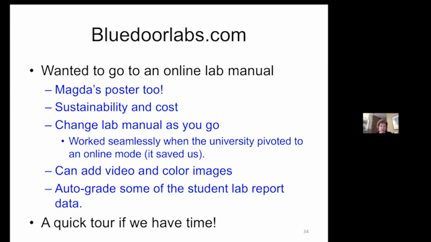Going to an online laboratory manual lets you change the lab manual as you go. And when we had to rapidly pivot to an online mode, this just worked absolutely seamlessly.